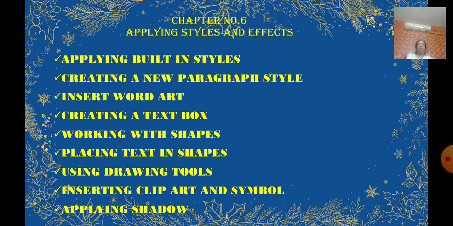Now next, working with shapes. These are drawing features that enable you to draw shapes like stars, banners, callouts, and smiley faces. Where is it? In the insert tab, shapes in the illustration group. In the illustration group you can find all the different types of shapes including flowcharts, callouts, smiley face, everything.